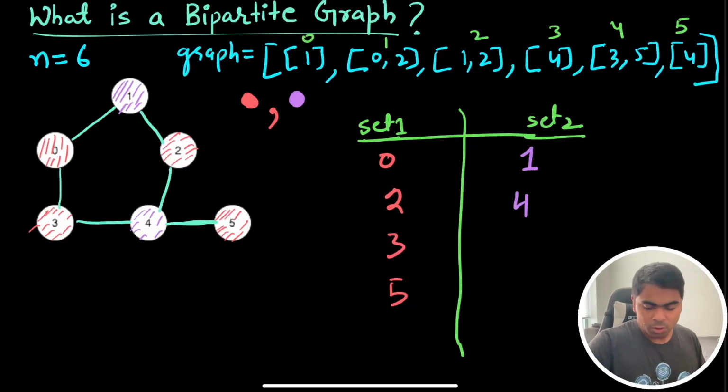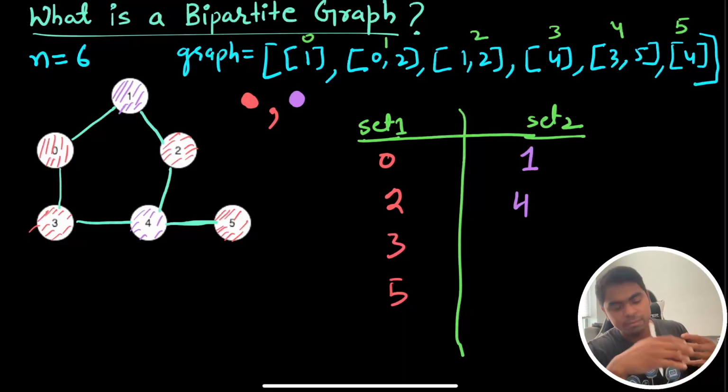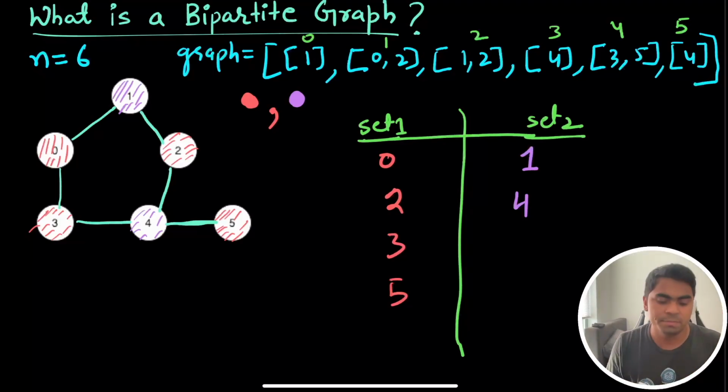So it's just all about running the DFS and assigning colors, and at the same time through this you can also find the cycle in the graph. Well, you cannot find this cycle exactly, but I would say an odd number of nodes in a cycle could be a potential problem, right?